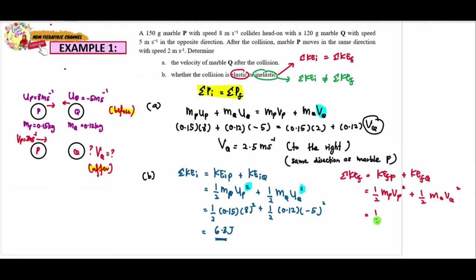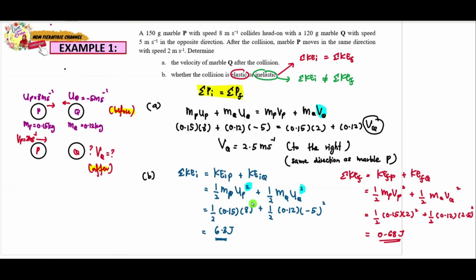So put in all the values. vp is 2, don't forget squared, and mq, the mass of q is 0.12, vq we already calculated as 2.5. It doesn't fit. So now total kinetic energy final I calculated and got 0.68 joule.